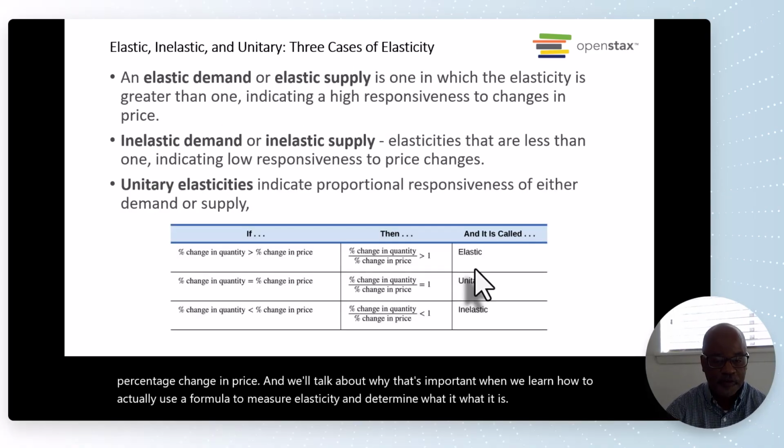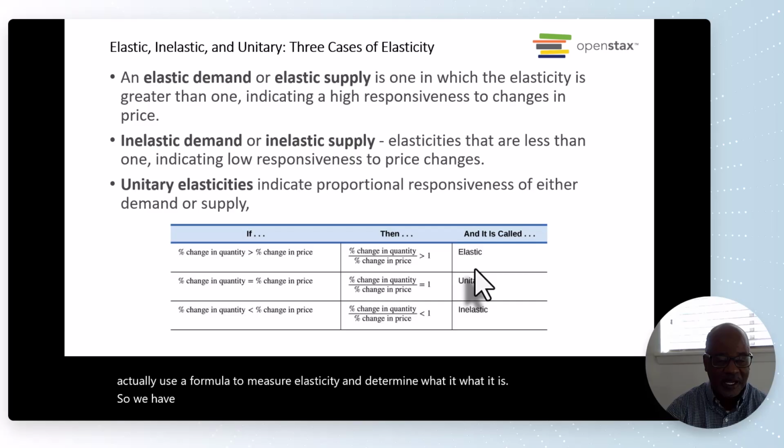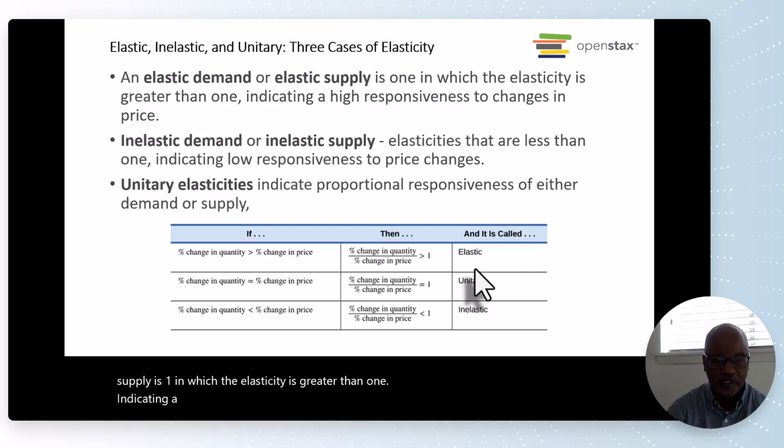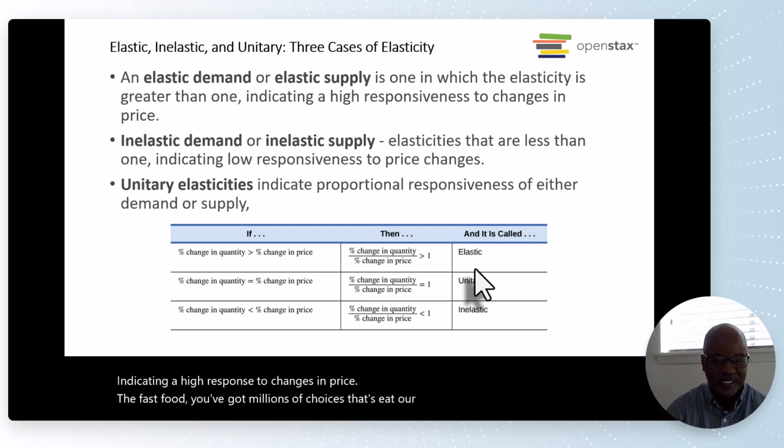So we have three forms. An elastic demand, I talked about that earlier, or elastic supply is one in which the elasticity is greater than one, indicating a high response to changes in price. When you've got millions of choices, that's the elastic demand, elastic supply.